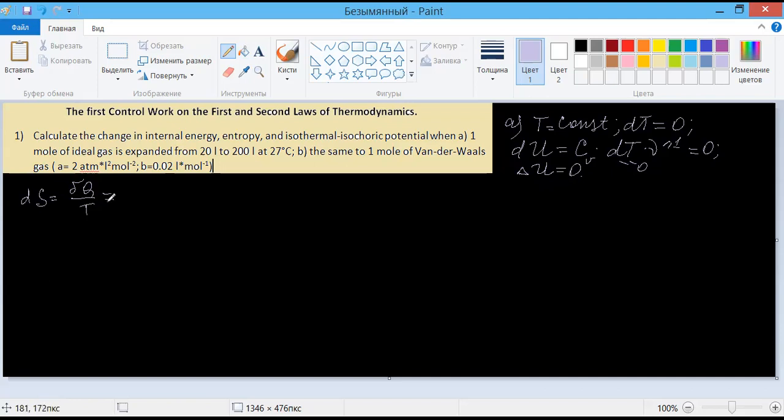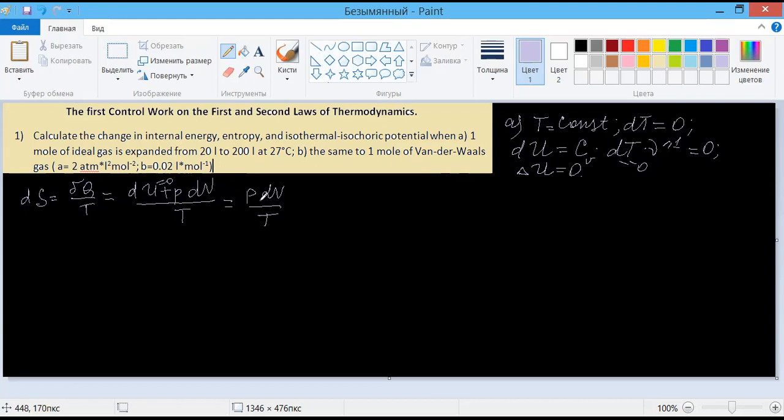According to the first law of thermodynamics, we can write that dQ equals dU plus P times dV, over T, right? But again, we have already found out that dU equals 0. That's why we can write that it equals P times dV over T.